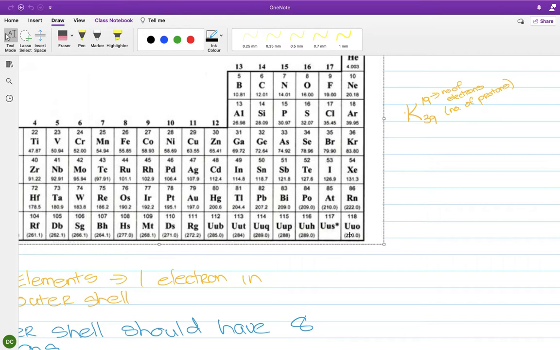Let's try and draw it. I have potassium, and here's my first ring. In the first ring you put 2 electrons; it will only hold 2. So that's 2 down, 17 to go.